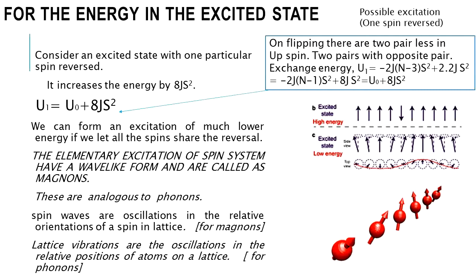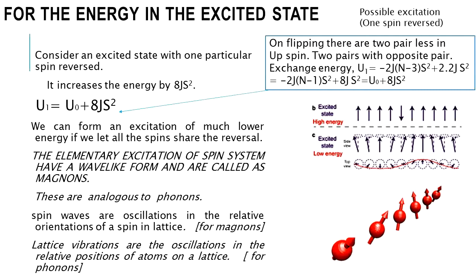When we flip this spin, two pairs will be lost in the up-spin arrangement, and two pairs will be created with opposite spin, so the new exchange energy can be written as U1 is equal to minus 2J (N minus 3), because there are N minus 3 pairs in the upward direction, into S squared, plus 2 into 2J S squared.